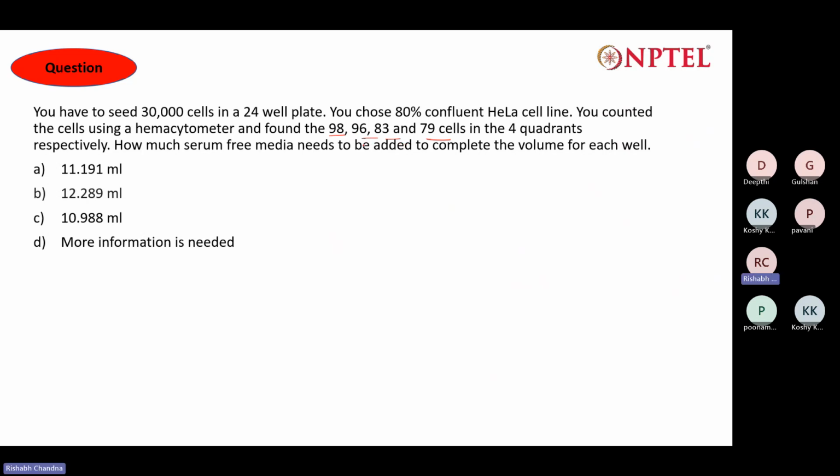Now we have to add the media to that cell suspension to complete the volume, and then we add it in different wells. So we have to calculate how much serum free media we need to add to complete the volume in each well. Please calculate this and we'll discuss. If you need any more information, let me know.